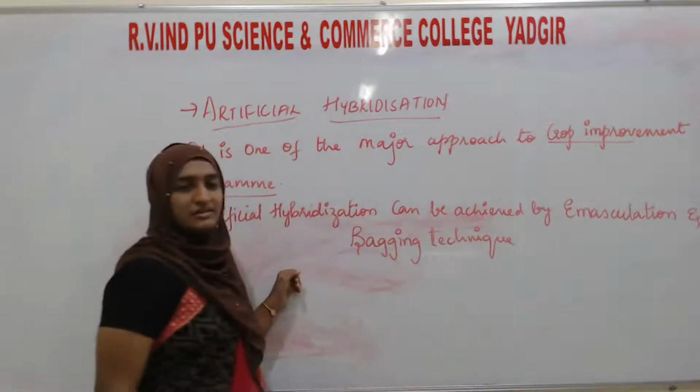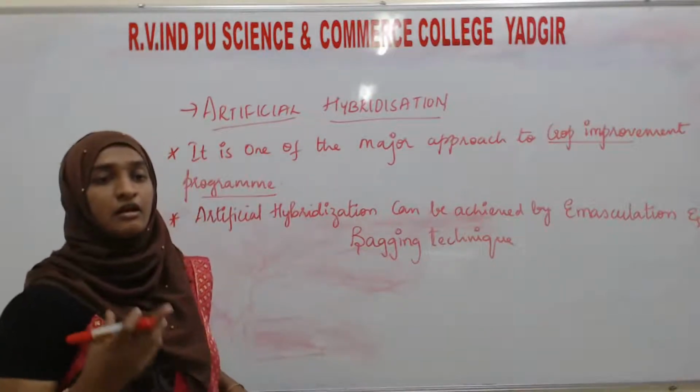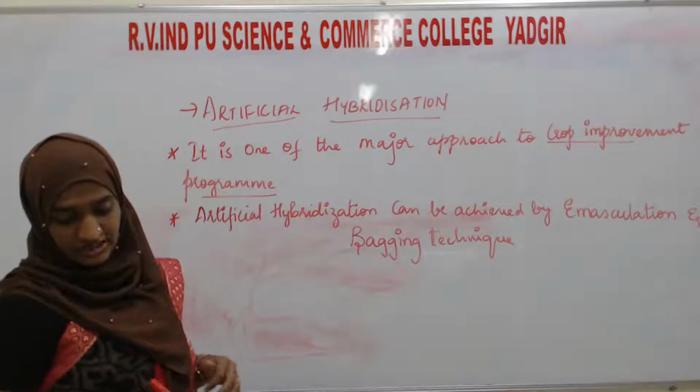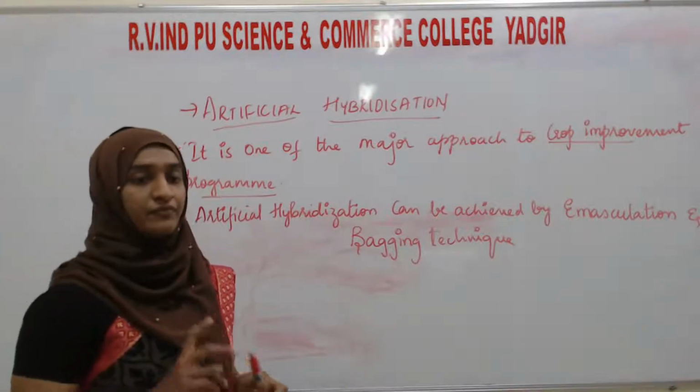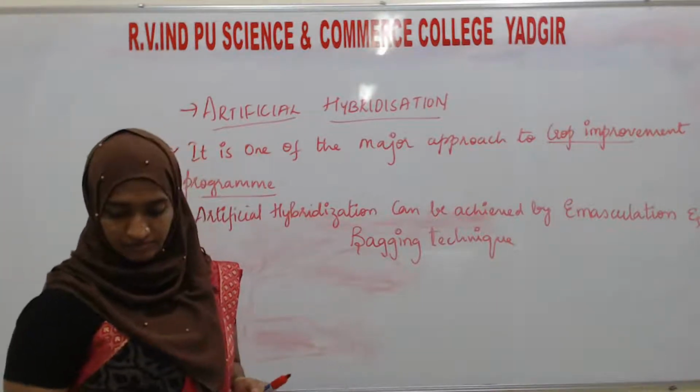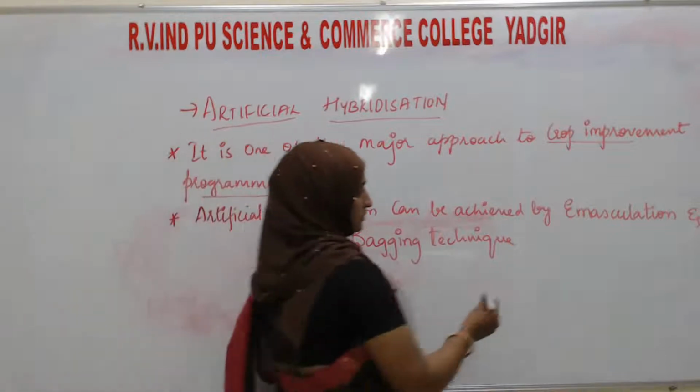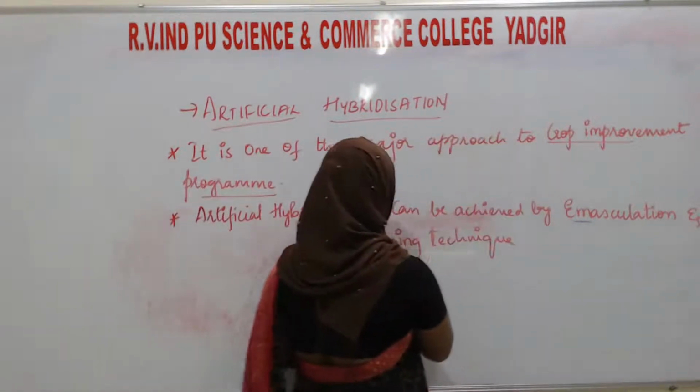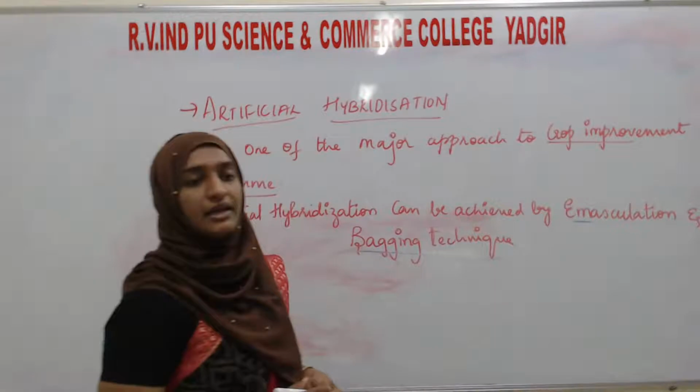Which are the two methods by which we can practice artificial hybridization? They are the emasculation and bagging technique. So let's see about this emasculation and bagging technique.